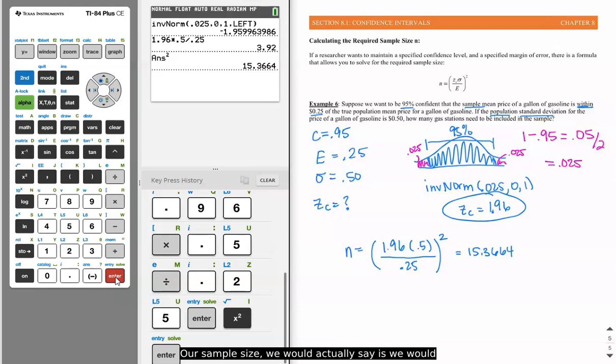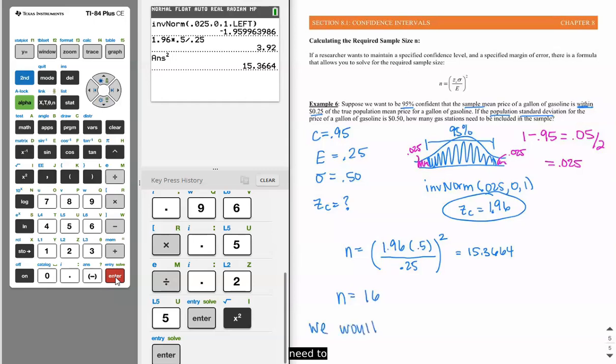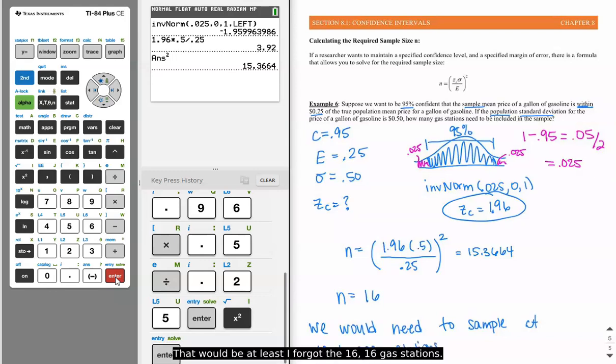So our sample size, we would say, is we would need to sample at least 16 or more gas stations.